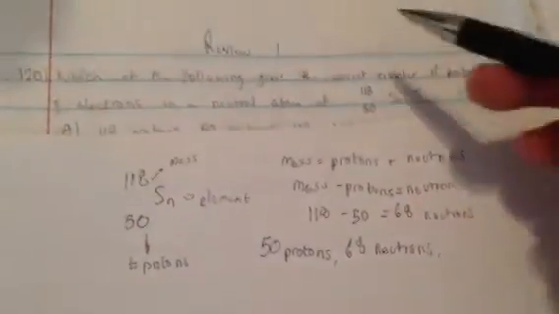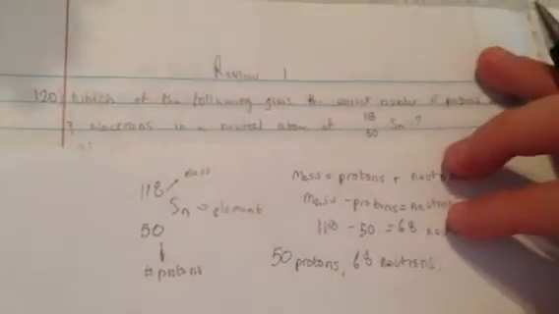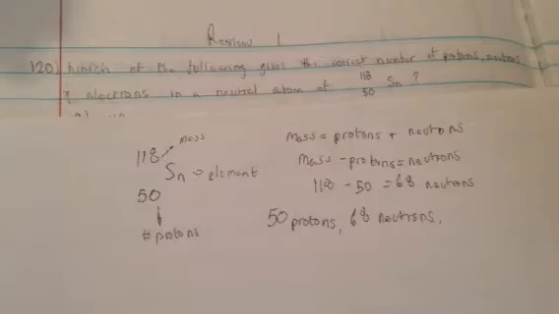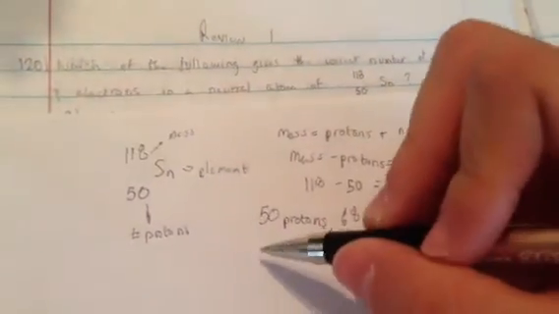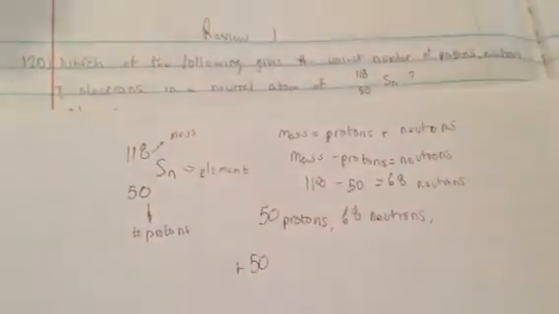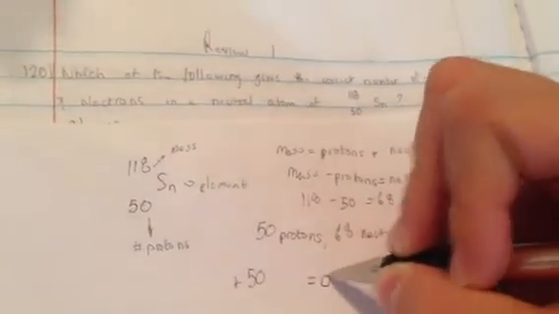And then it says right here that it must be a neutral atom. So neutral meaning that there should be the same number of protons as electrons, because we want a zero charge. So if we have 50 protons, we have a plus 50 charge, and we want this to be equal to 0.